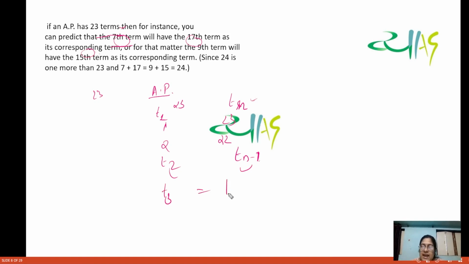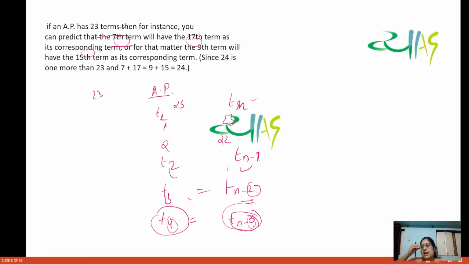Similarly, T3 and Tn minus 2 are the corresponding terms. Similarly, T4 and Tn minus 3 are the corresponding terms. So are you getting this? So for example, what you have to do here is you have to write that number here which is 1 less than this number.